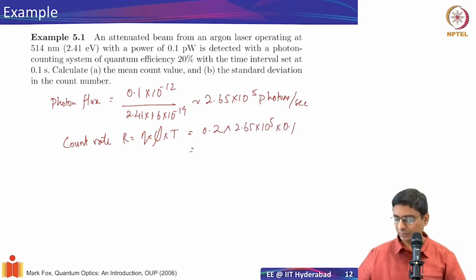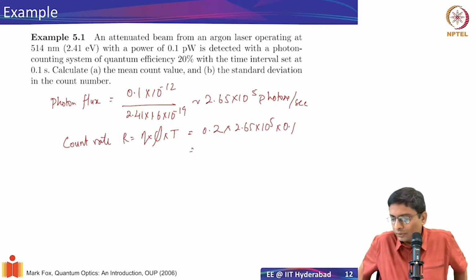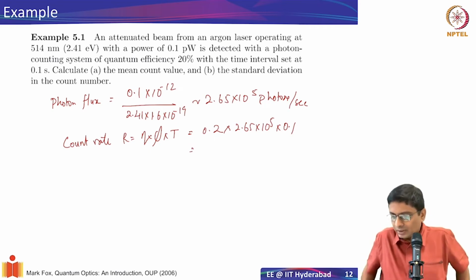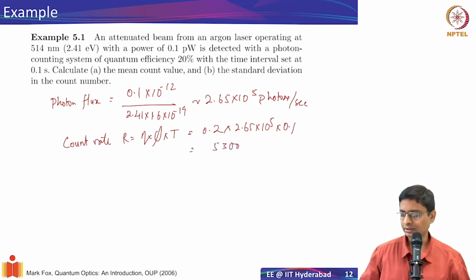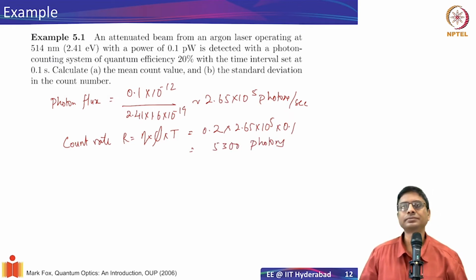What will that turn out to be? So 0.1 into 0.1, so two tens will go off. 2.65 into 2, sorry, 2650, 5300. 5300 photons is what you will detect. Alright, the count is that much.